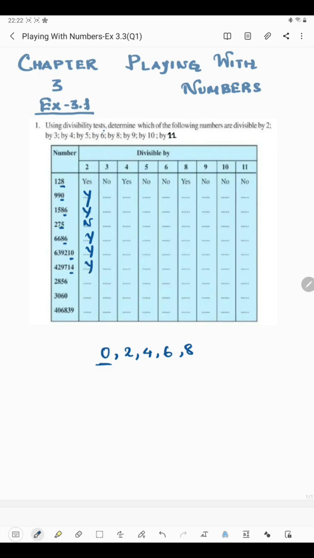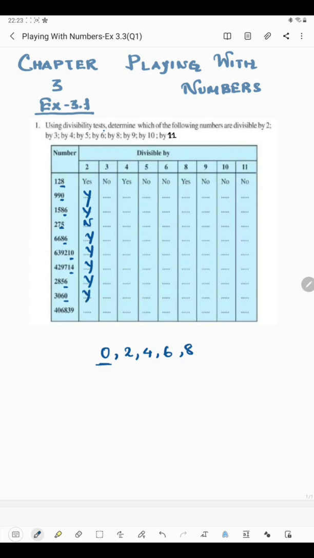So we'll write yes. Again in the next number we have 2856. Here the last digit is 6, which is an even number, so it is divisible by 2. So we'll write yes. Now we have 3060, in which 0 is even. So we will write yes.